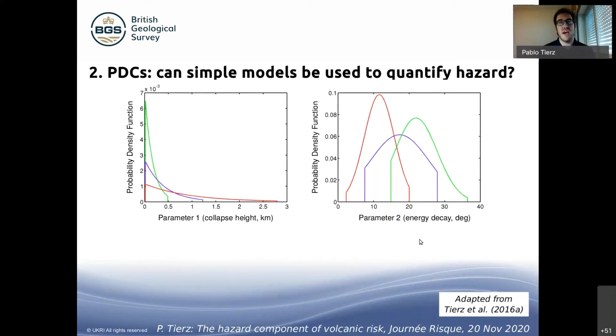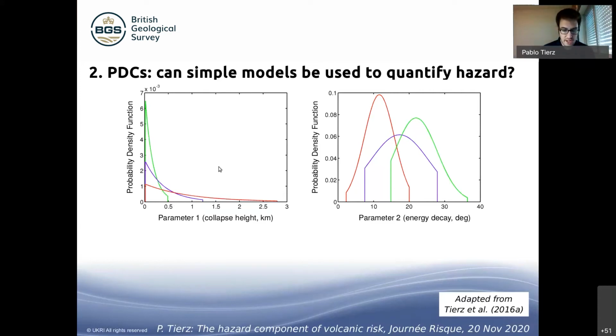So the question behind this was, if we quantify the aleatory uncertainty for a given volcanic system, and we try this at Vesuvius and Campi Flegrei in Italy, so for the two parameters, we attach probability density functions, trying to simulate the aleatory uncertainty in the PDCs that may be generated at these volcanoes, for different eruption sizes.